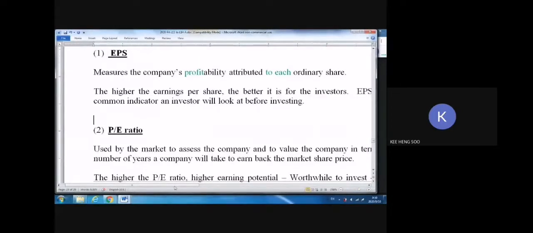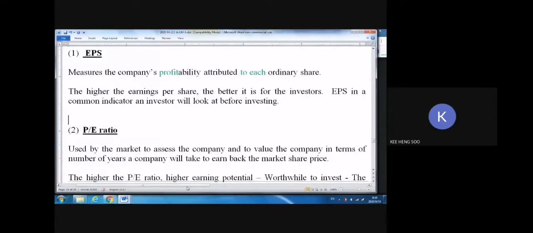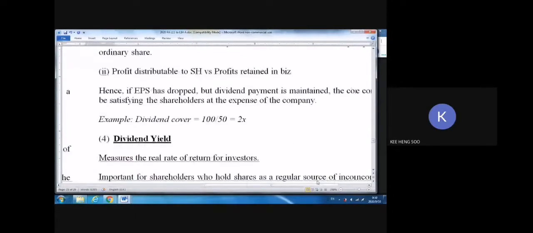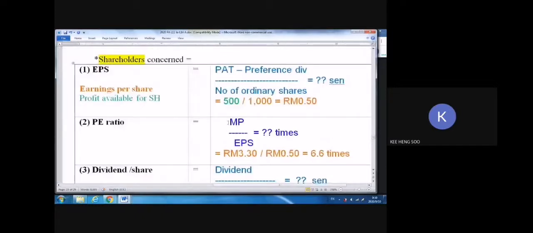P ratio, price earnings ratio, is to measure the value of the companies in terms of the number of years it takes to earn back the market price. How to value? In your answer it is already stated. P ratio is a market price of $3.30.